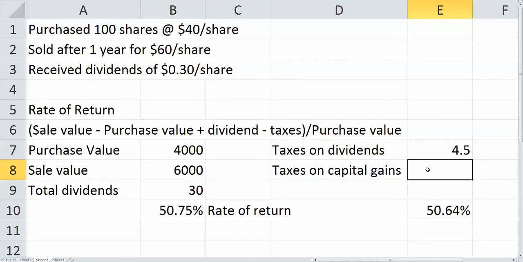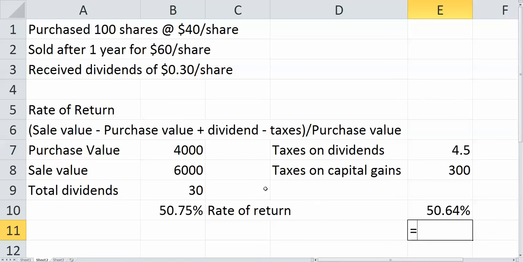We will have to pay the capital gains rate of 15% times that $2,000 gain. So I will owe $300 in extra taxes if I actually sell my stock, in addition to that $4.50 on my dividends.